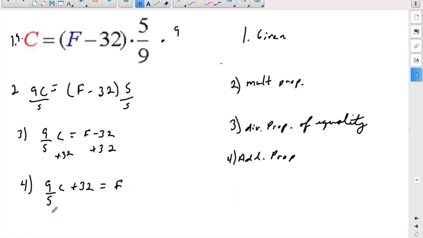The last thing I'm going to do is get that f equals piece here, so f is equal to 9/5 c plus 32, which is the symmetric property. And that is that problem there.